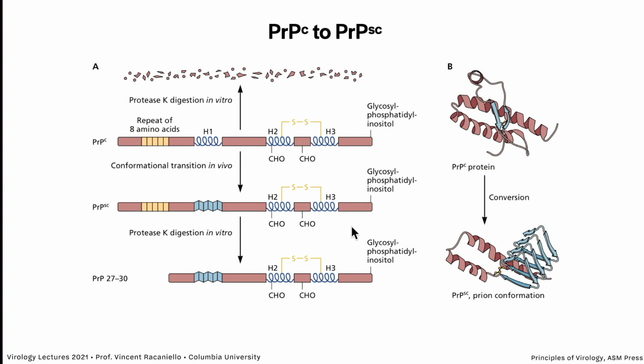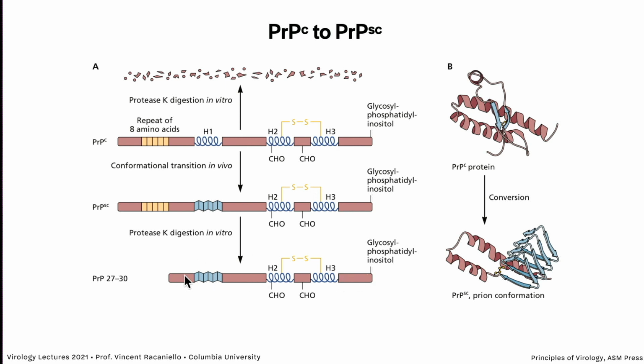Now, Prusiner originally found that proteinase K would completely digest the PrPC, the normal protein, in vitro. He used this as an assay, whereas the PrPSc, when digested with the same protease, proteinase K, was mostly proteinase resistant.